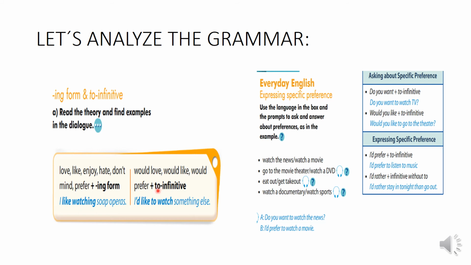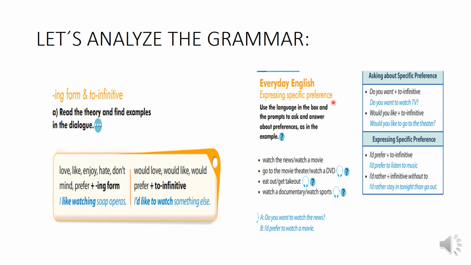This word is to, plus the infinitive verb. Here you have the example, I'd like to watch something else. Here you can see the contracted form, but there is also the complete form, and you can say, I would like to watch something else. Okay, so here you have the main idea to express this, well, to build the sentences, okay?